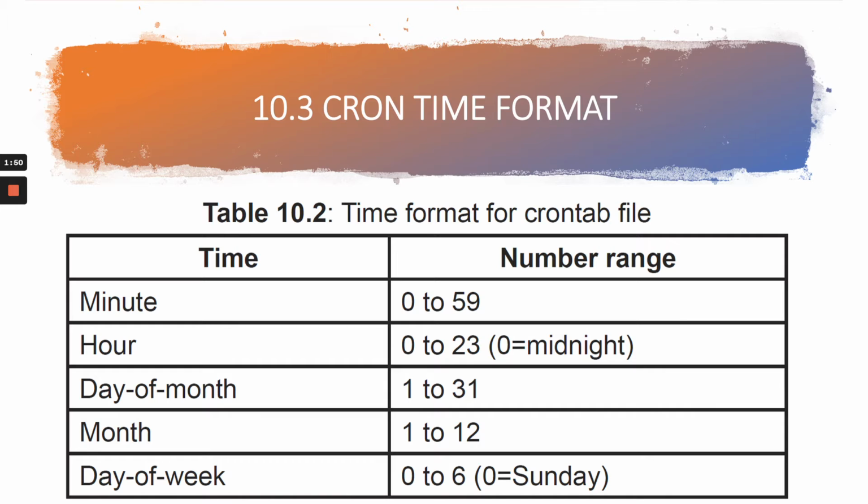Then we have the day of the month, which ranges from 1 to 31, where 1 refers to the first day of the month. The month field ranges from 1 to 12, where 1 refers to January and 12 refers to December. The day of the week ranges from 0 to 6, in which 0 refers to Sunday. You need to be very careful here, because the day of the week does not start from 1 to 7, and 0 here means Sunday.